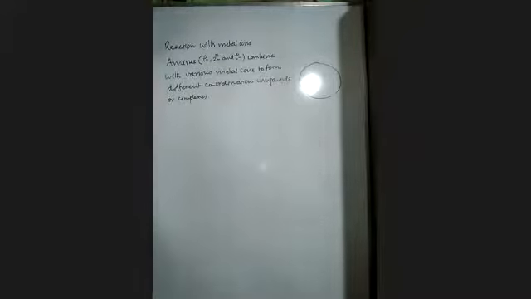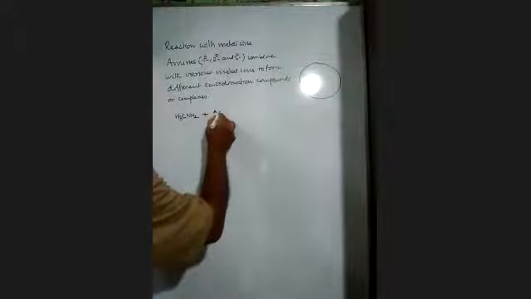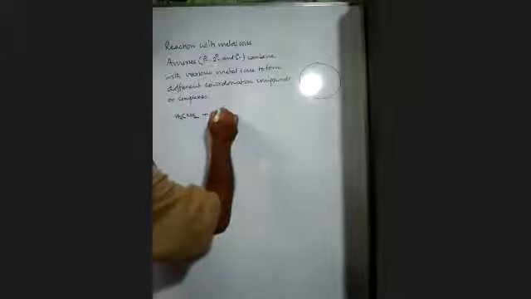Say you have taken methylamine. You can take methylamine, ethylamine, any amine. And you have taken a silver salt: silver chloride, silver bromide, silver nitrate, anything. Silver ion. So what is going to happen now?